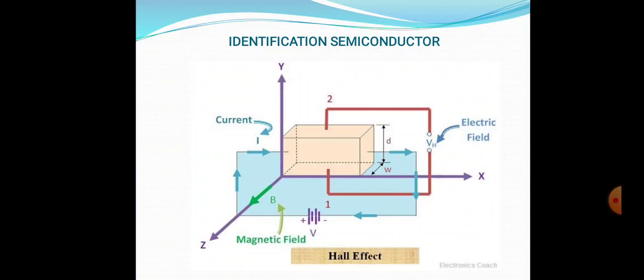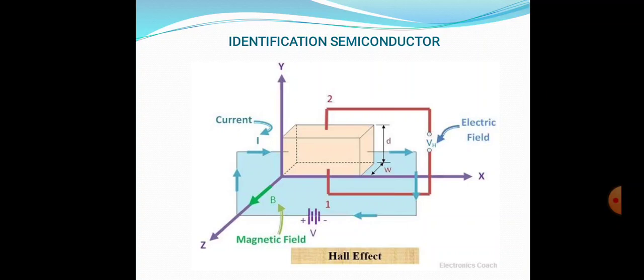So in the n-type semiconductor, as the electrons move downward, the bottom layer of the slab will have negative potential and the top layer of the slab will have positive potential. By using a multimeter, we can tell whether the given material is n-type or p-type.